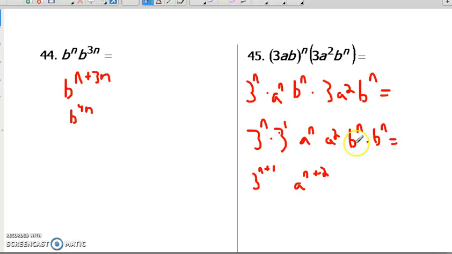All right, and then I have same bases. In both of these are n, I add them. And n plus n is not n squared, that would be multiplication. N plus n is 2n. All right, so this one comes out kind of funny when I simplify it, with these different exponents, but these are okay, because again, we're following our rules, and I add our exponents together.